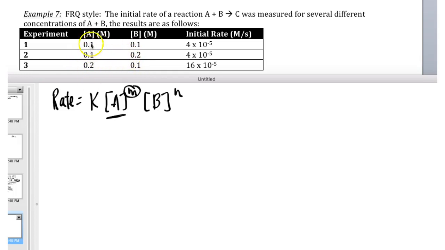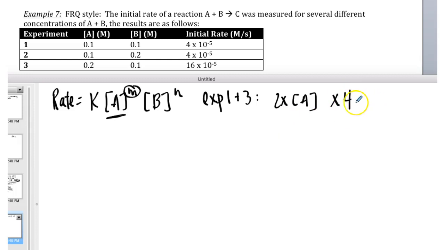But if you look at 1 and 3, so I'm going to put it on the side, experiment 1 and 3. If you look at 1 and 3, as you double A, 0.1 and 0.2, what happens to the rate? 4 to 16. It goes up by a factor of 4.